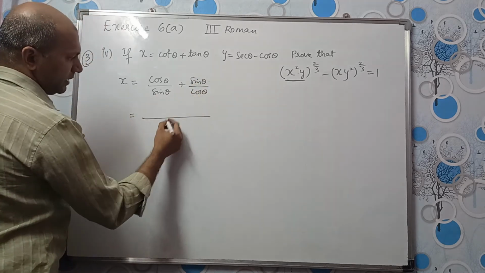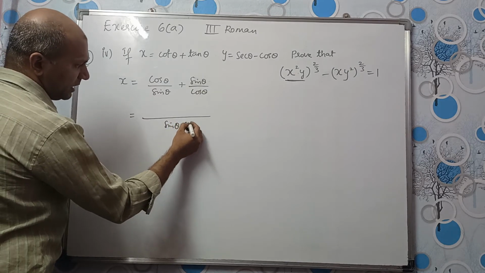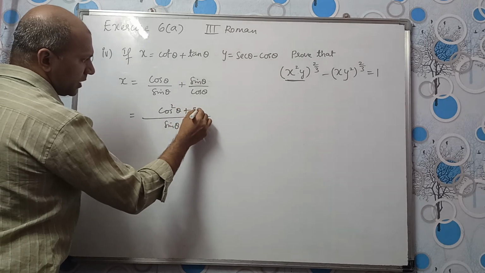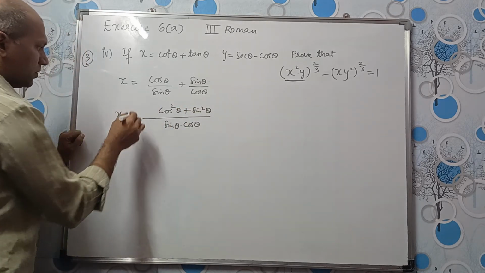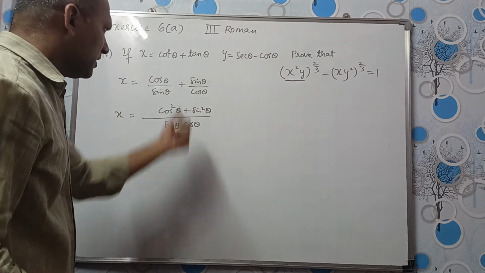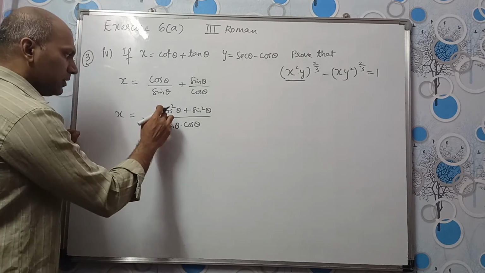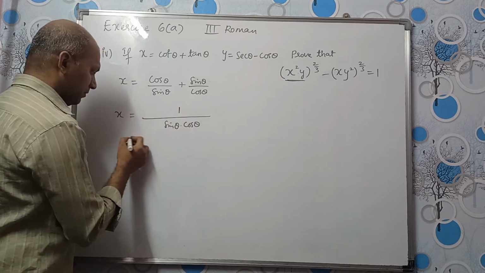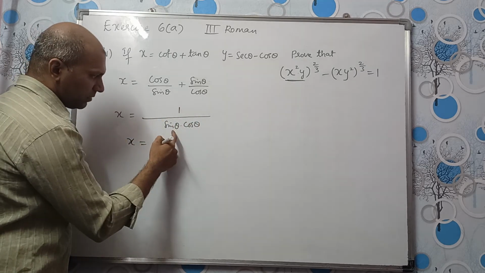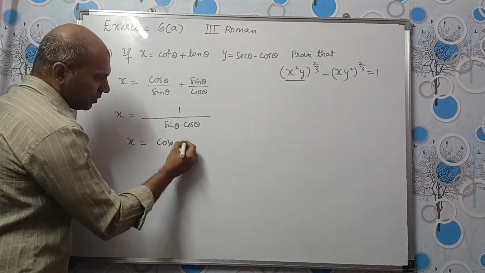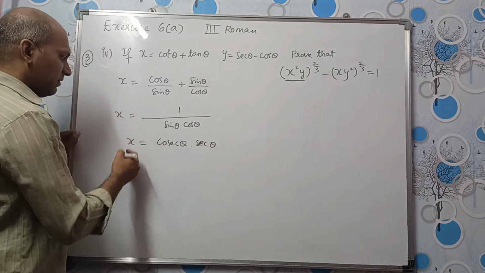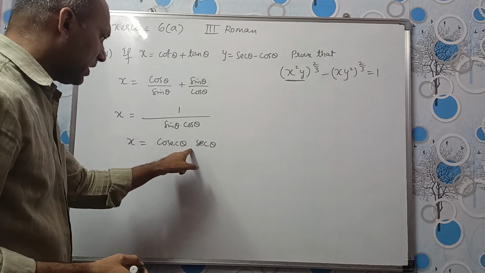Finding the LCM and simplifying, we'll have cos square plus sine square over sine multiplied by cos. Cos square plus sine square is equal to 1. So x is equal to 1 by sine cos. What is 1 by sine? It is cosecant. 1 by cos is secant. Okay, we have x is equal to cosecant multiplied by secant.